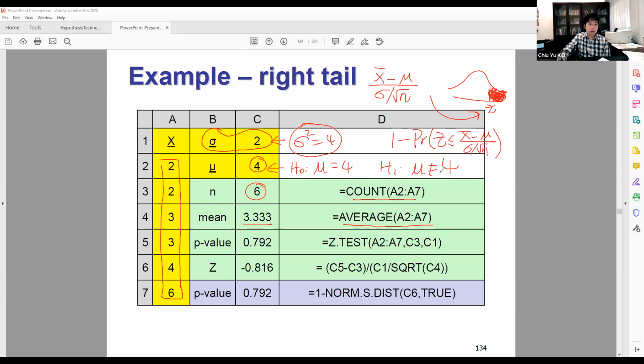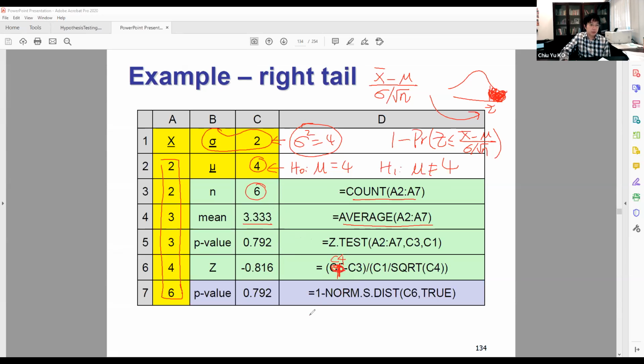One thing you can do is to directly do the calculation. Let's see whether we get it. I think there's a typo here, it should be C4, which would be the mean.